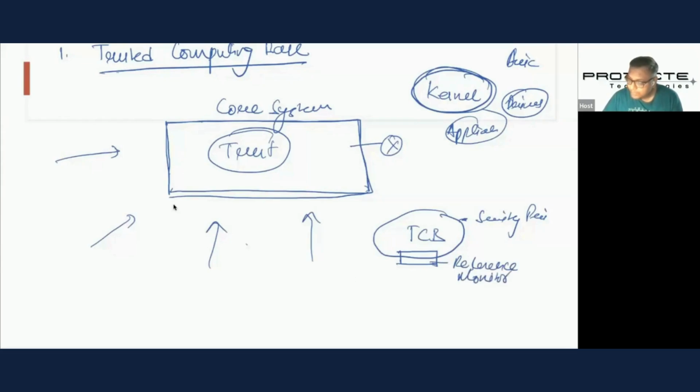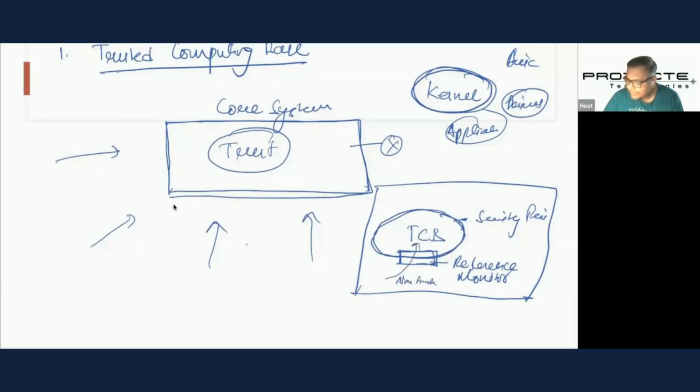So you have a complete system inside which sits your TCB, the trusted computing base, and you have a security perimeter, right? And somebody monitors the exchange with the TCB. This is the non-trusted environment. These are not security focused environments, right? And this is where the entire security focused environment is.